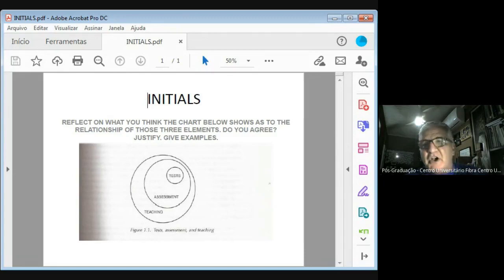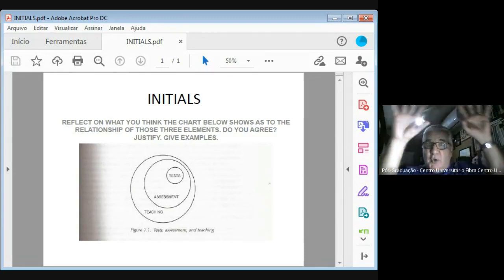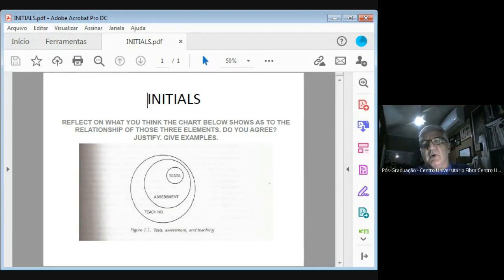We have projects, we have group research, we have seminars, we have debate, we have so many other instruments that we can use with our students, to have a global picture of what they have learned or not learned before we can come to a decision about the situation.